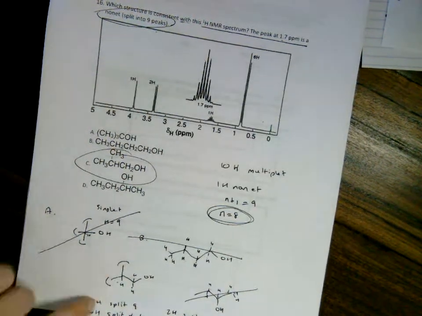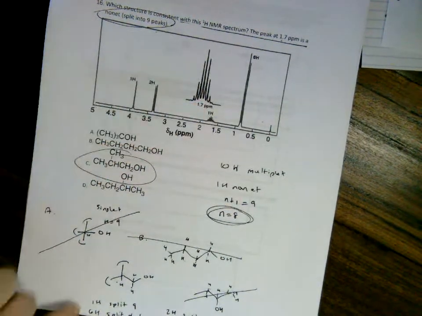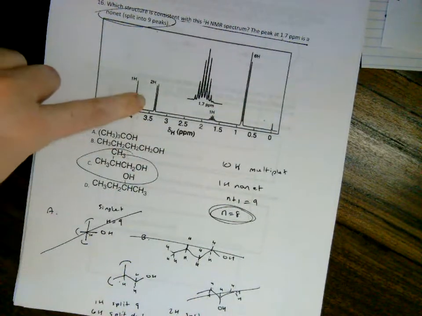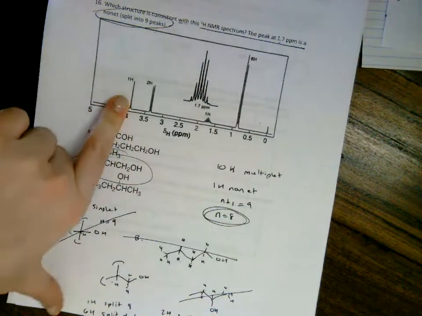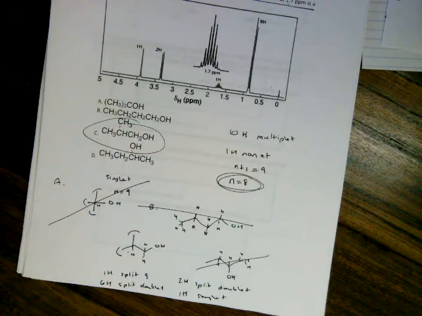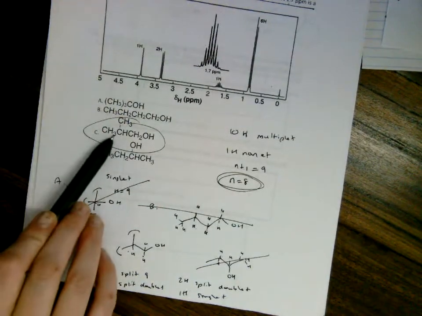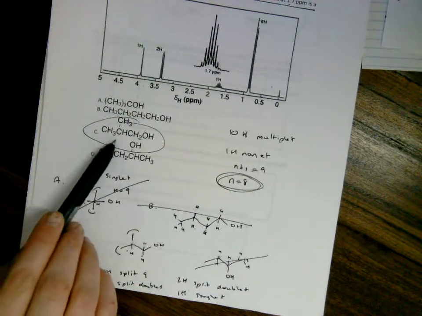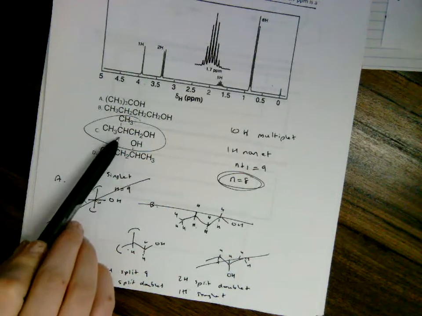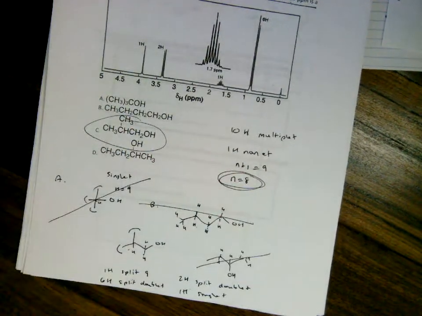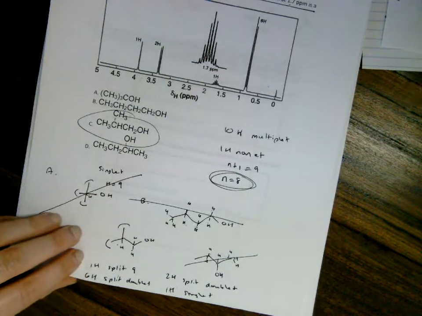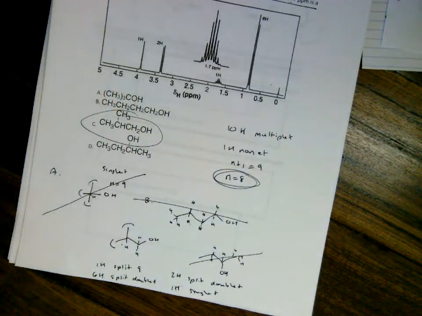So we have 1 hydrogen split into 9, 6 hydrogens split into a doublet, 2 hydrogens split into a doublet, and 1 hydrogen as a singlet. And that's how I figured out that this unique peak belonged to this structure C, and also how structure C fits the rest of these peaks. This was a bonus question, so it's a little complicated, but hopefully that was helpful for you.